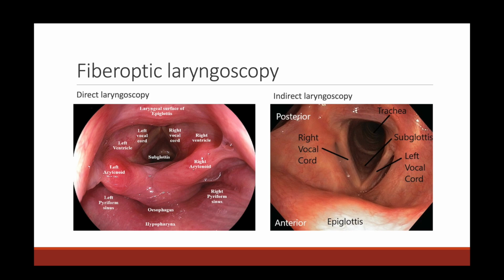I want to briefly review some of this anatomy that we've gone over regarding the larynx in terms of what it looks like on fiber optic laryngoscopy. Remember, one of the procedures that we frequently do in head and neck clinic is a fiber optic nasal laryngoscopy, where we pass a scope with a camera on the end through the nose, usually along the floor of the nasal cavity.